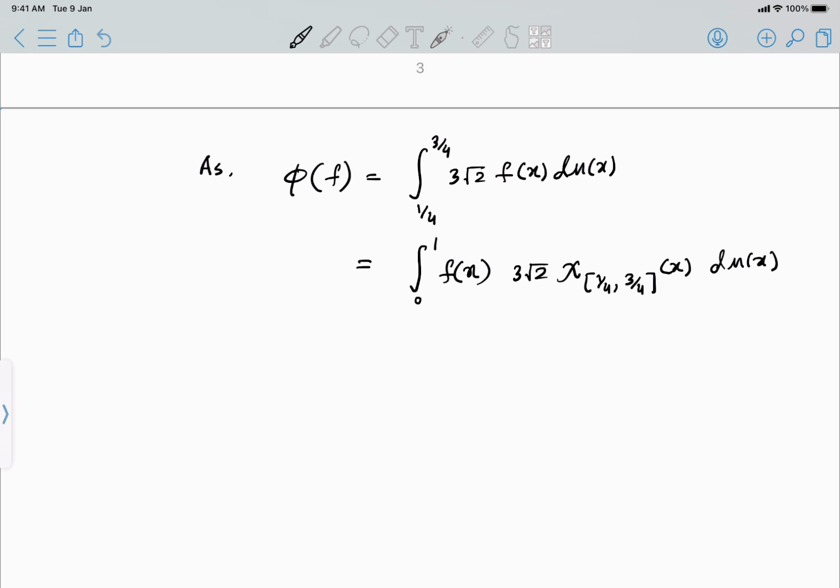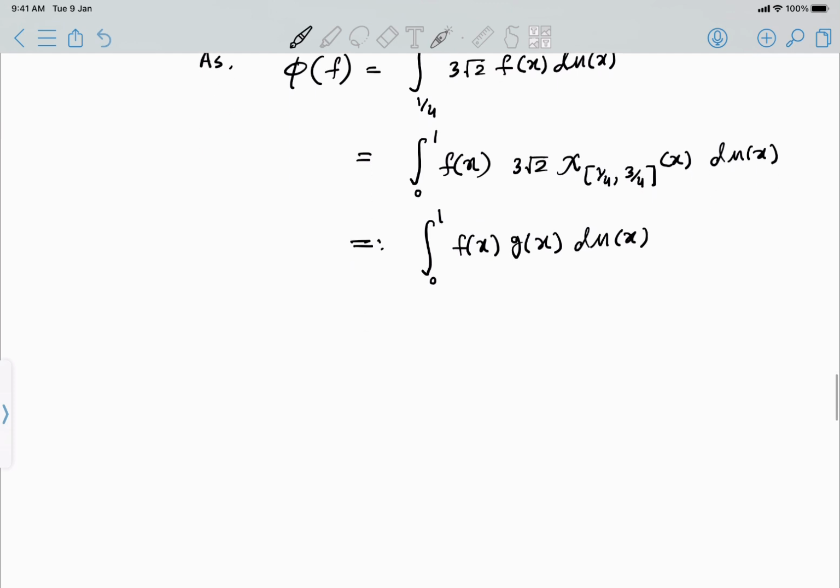Let me call it g, so this is the integral from 0 to 1 of f(x) g(x) d mu(x), where g(x) is 3 root 2 times the characteristic function of [1/4, 3/4]. The characteristic function means it's 1 in the interval 1/4 to 3/4 and 0 outside.